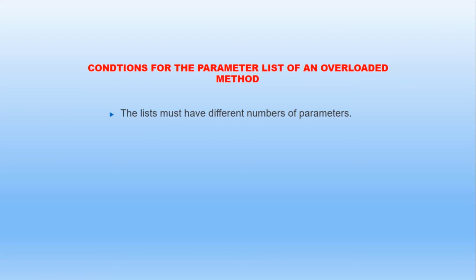For example, one list could have one double, another list could have two doubles, and a third list could have 10 doubles. 2. The list must have parameter data types in different orders. For example, one list could have two doubles, another could have an int followed by a double, and a third could have a double followed by an int.